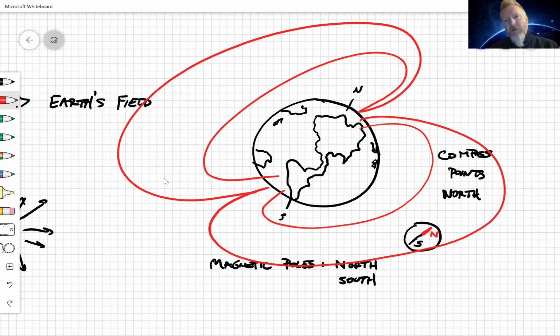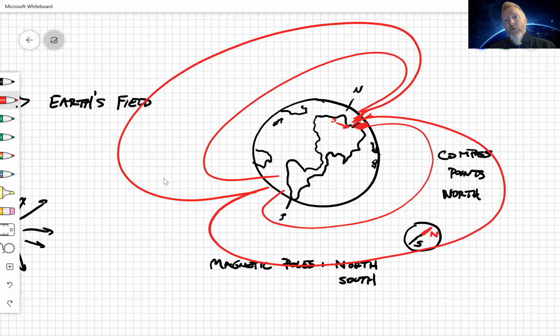It's like if you were up here, these lines are all kind of coming down over here. If you were up here wandering around in northern Canada and you used a magnet, it looks to me like the north side of the magnet might actually be pointed that way, thus making your compass not very useful, at least in a geographic sense. It's working terrifically well magnetically.